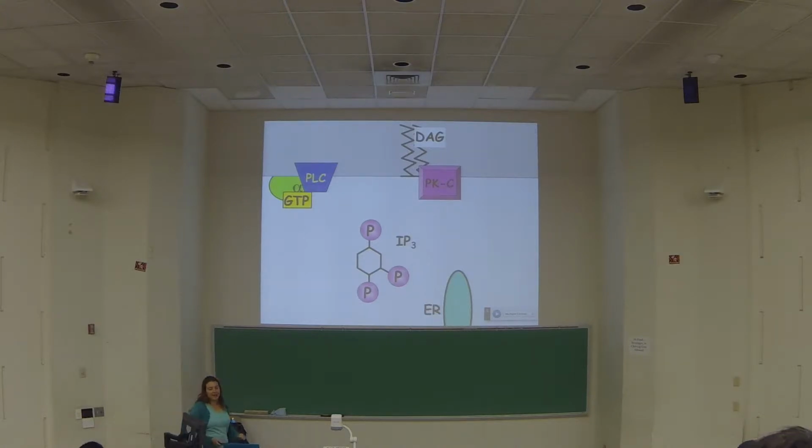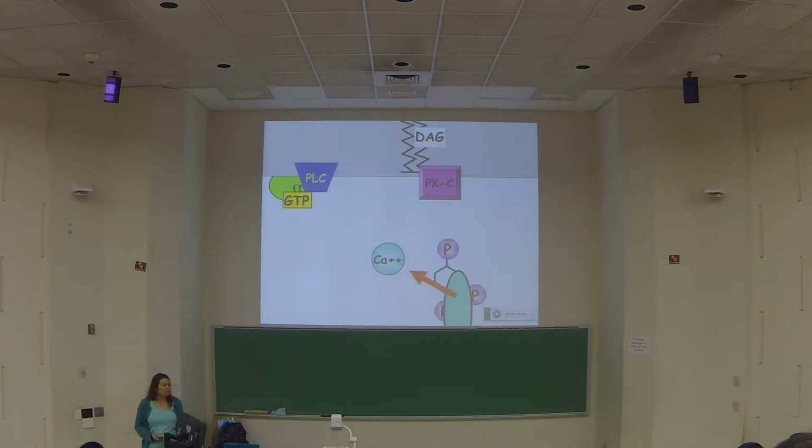In order for that to happen, IP3 interacts with those ligand-gated ion channels in the membrane of the ER, causing those ion channels, which are calcium channels, to open and release calcium from the lumen of the ER into the cytosol.